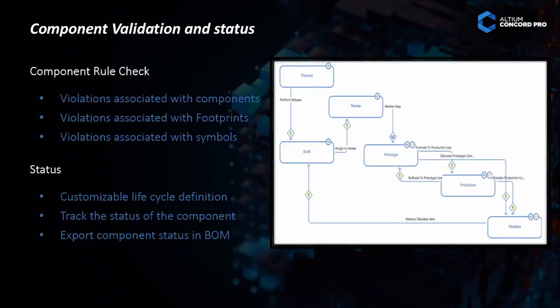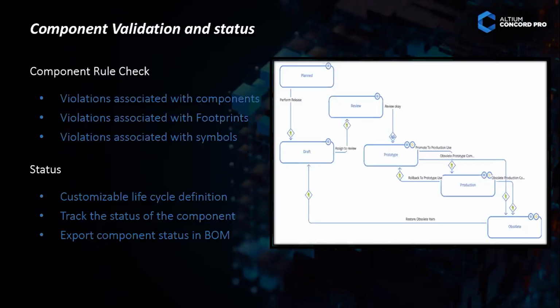Maybe you may have 2-3 reviews. Okay, so review 1, review 2, review 3, like that. You can customize this. So you can track the component status also, either from inside the schematic or bill of material, or there is the item manager, okay, under tools, where you can check the component status. So in a single shot you can update all the components or some particular component types. So that is there.